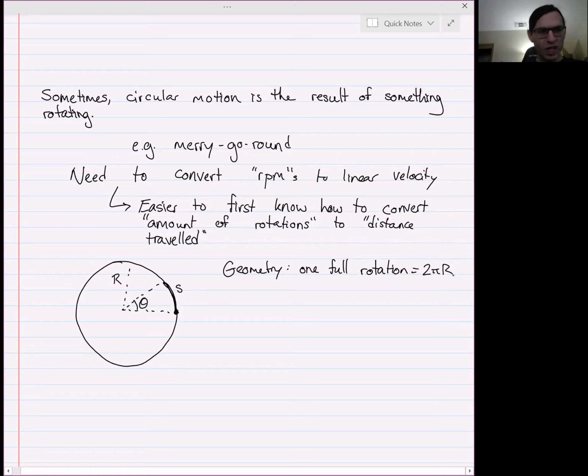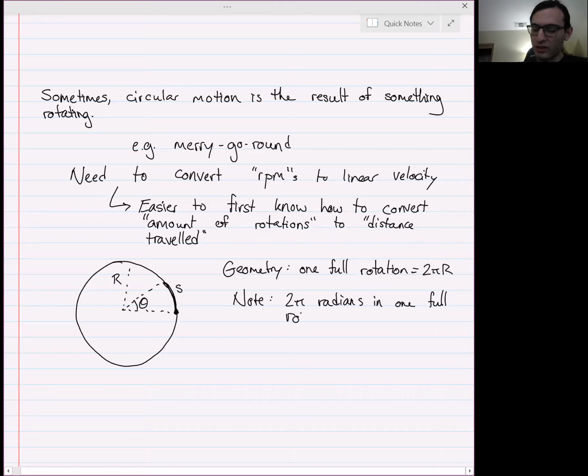By the way, when we're talking about angles, there are 2 different ways of describing angles. There's degrees, which you are more familiar with, and then there's radians, which you might be less familiar with. But an important note is that there are 2 pi radians in 1 full rotation.